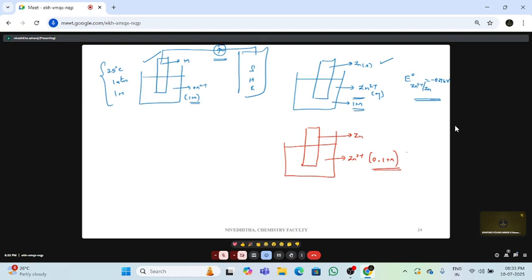We don't have ready-made data for non-standard condition, but definitely we can calculate. So to calculate the electrode potential of non-standard condition, we have a special equation called the Nernst equation.